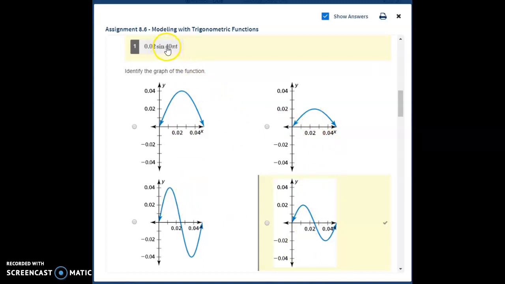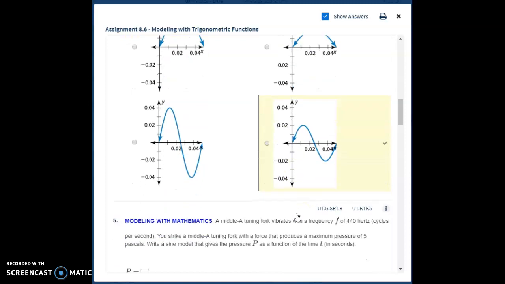But this one has a b value of 40 pi, and to find the length of the period, you take 2 pi and divide it by b, which is 40 pi, and you get 1 over 20, which is 0.05. So that's why it's that one right there.